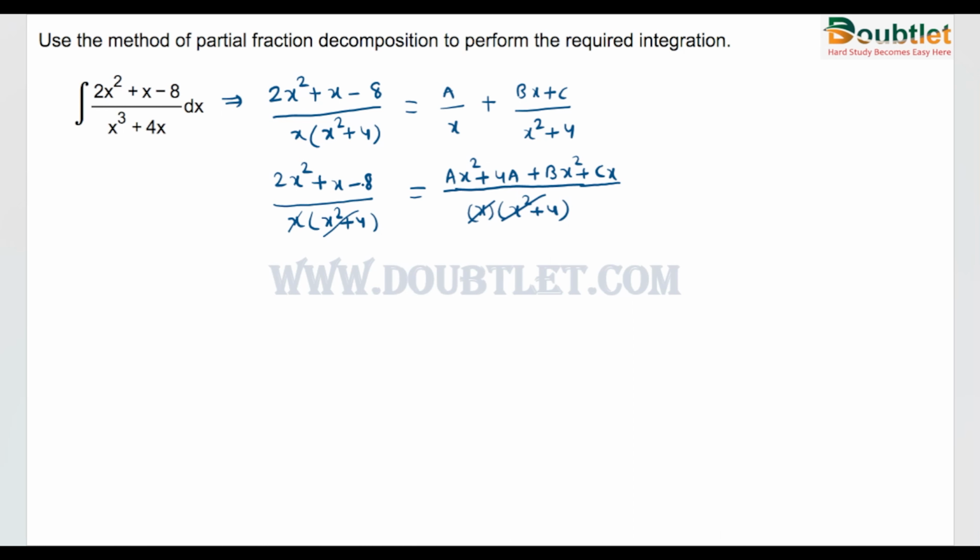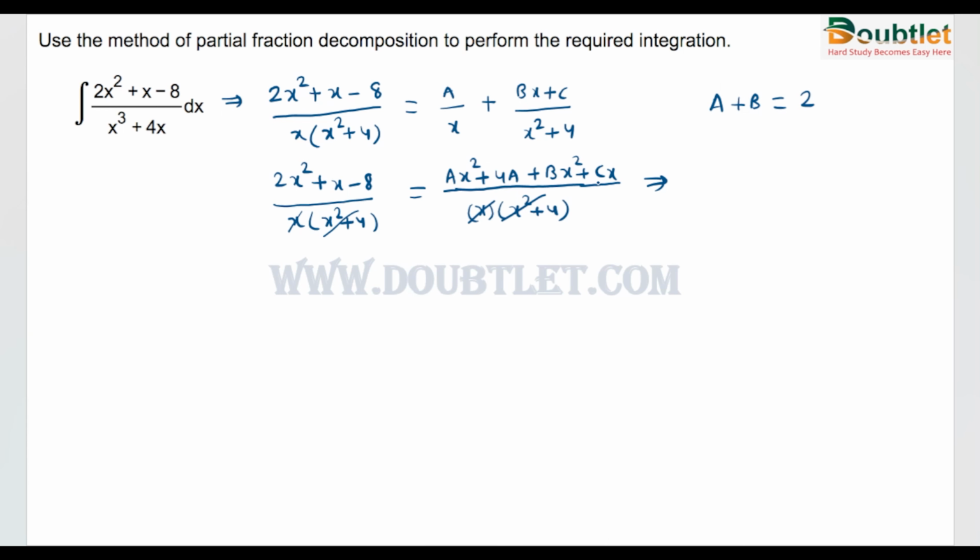Now we equalize these terms, so the coefficient of x square should be equal. The x square coefficient here is a plus b and here it is 2, so from the first equation a plus b is equal to 2. Now we match the coefficient of x.